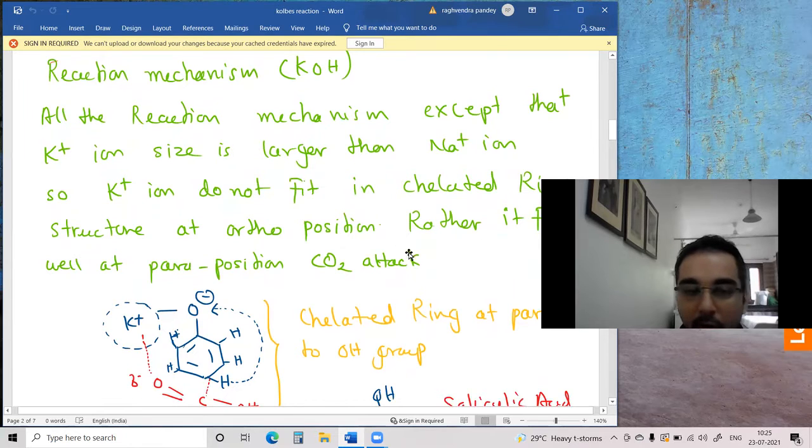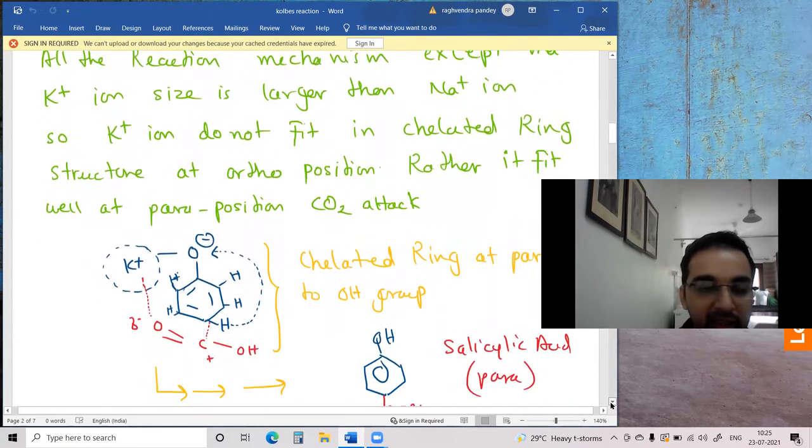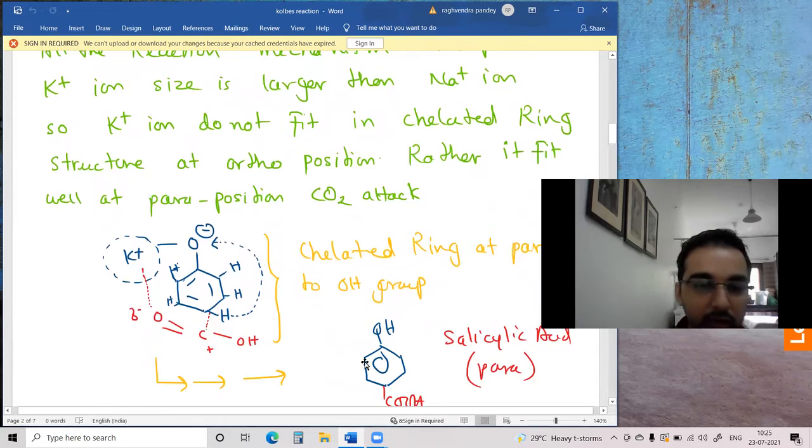But the problem occurs with the large size of the potassium ion. This large size of potassium ion doesn't allow the carbon dioxide molecule to attack on the ortho position, because the ortho position is eclipsed by the potassium ion. This is very, very large, so the carbon cannot attack on the ortho position, because the chelation also occurs like that in NaOH.